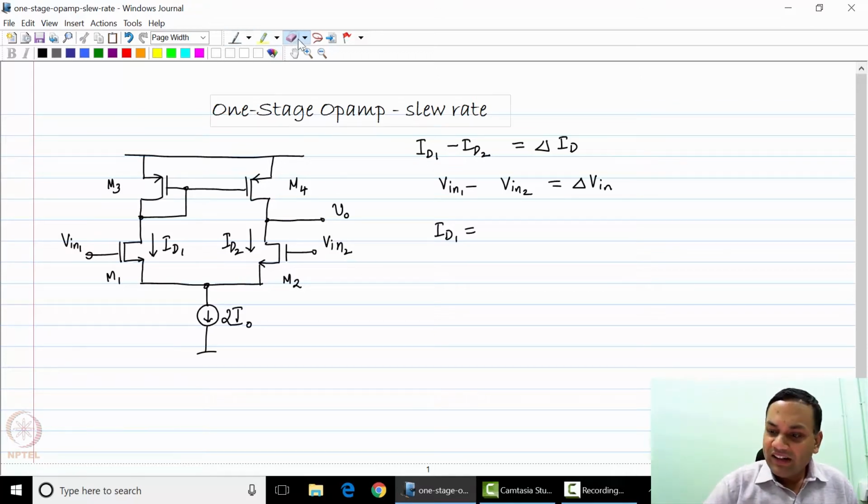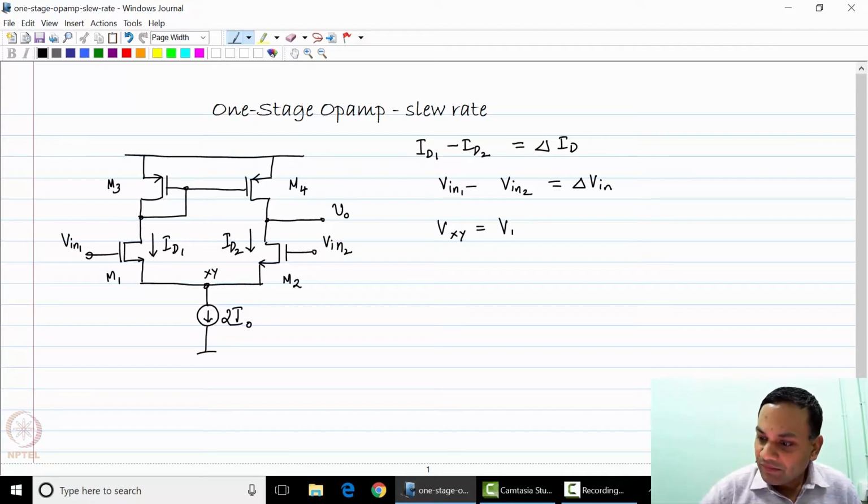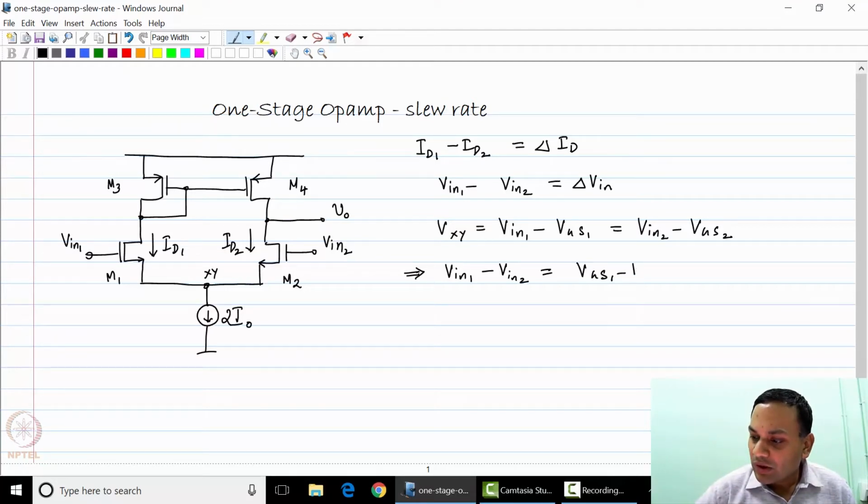We can write the voltage at node XY as V in 1 minus VGS1 or V in 2 minus VGS2. Clearly these two quantities have to be equal. This means that V in 1 minus V in 2 has to be equal to VGS1 minus VGS2.